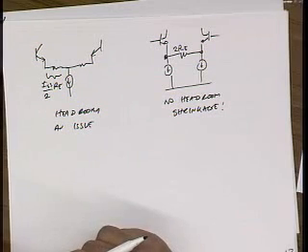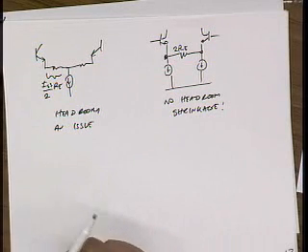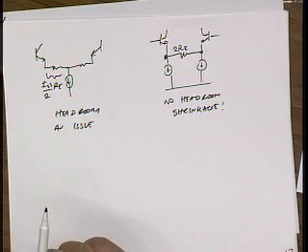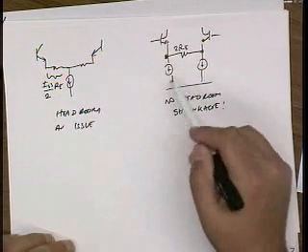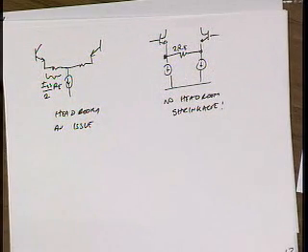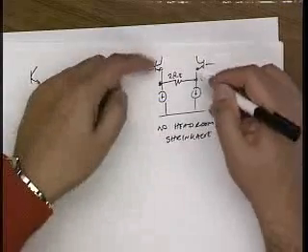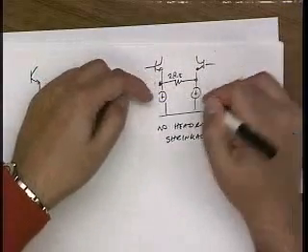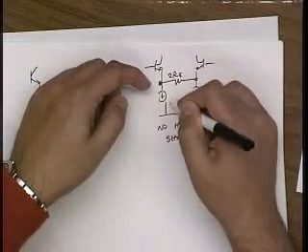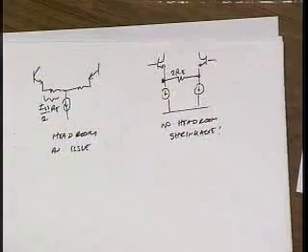Because of the common mode? Common mode? No, for the common mode, it's still going to be the rejection of this current source, right? If I apply a common mode signal, for a common mode signal, this resistor doesn't exist, right? And so you just see an RE equal to the output resistance of that current source.